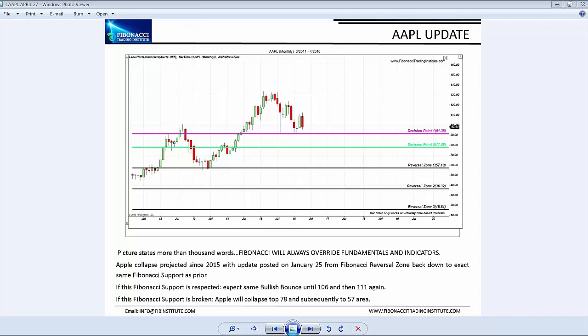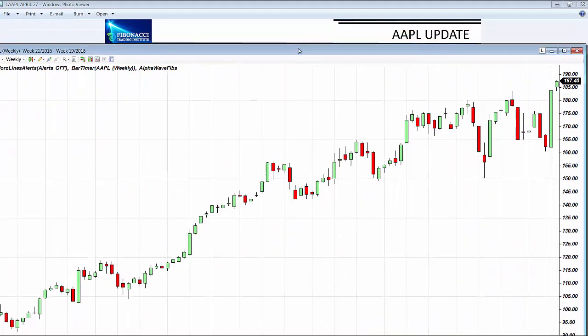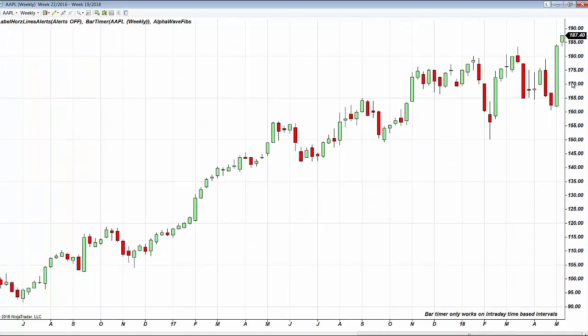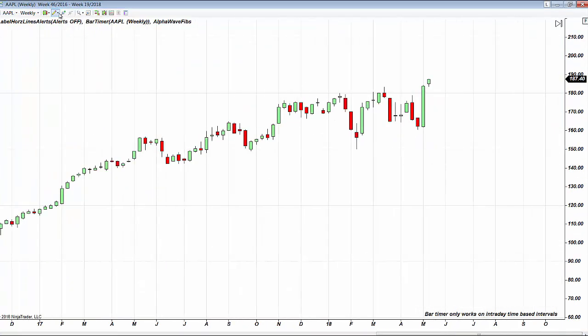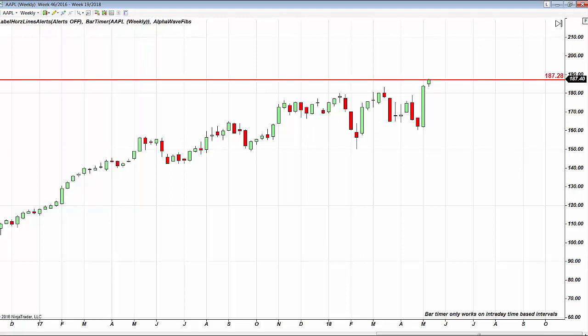This is where Apple is this morning, from 91 horrific earnings to 187. More than double, because Fibonacci said so.